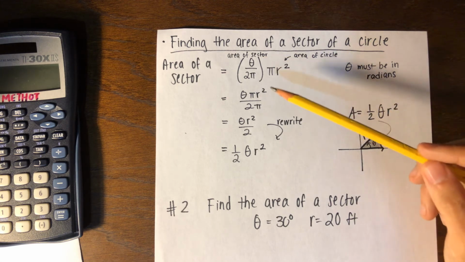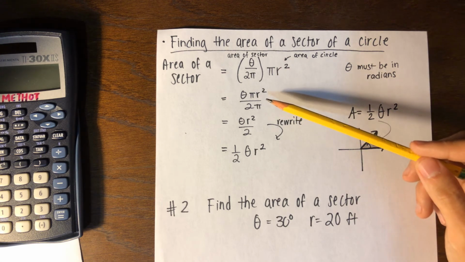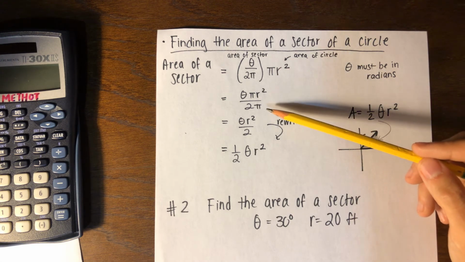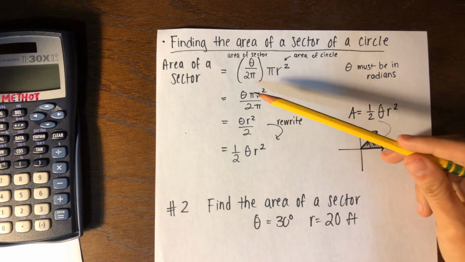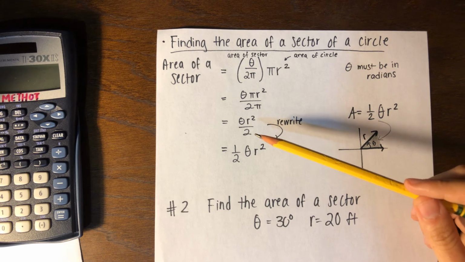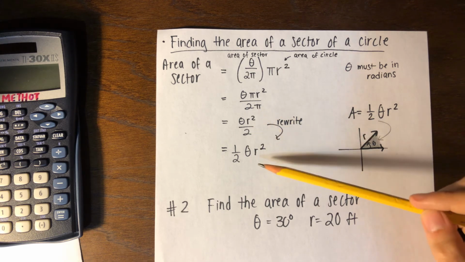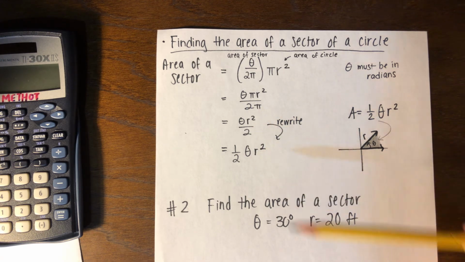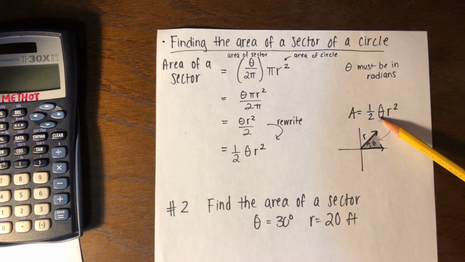So when we multiply these together, we get theta pi r squared divided by 2 pi. Well, they both have a pi in common, so I cancel those out and I'm left with theta r squared over 2. This can just be rewritten as a half times theta times r squared. So we're going to be using this formula.